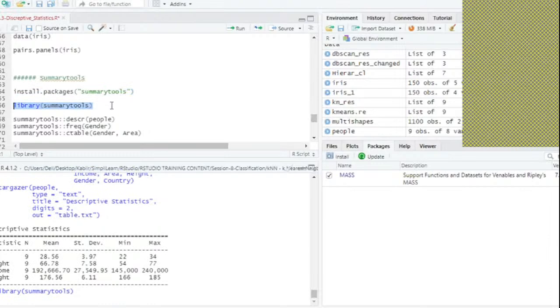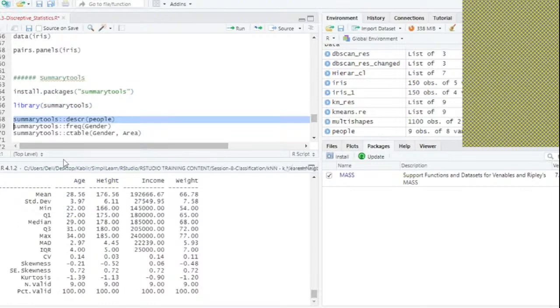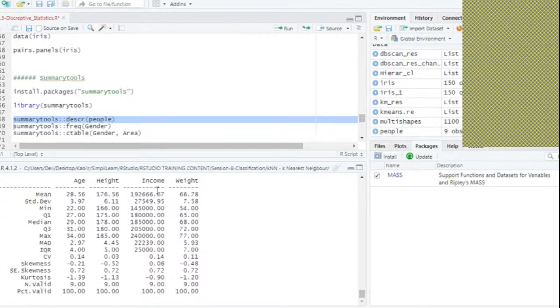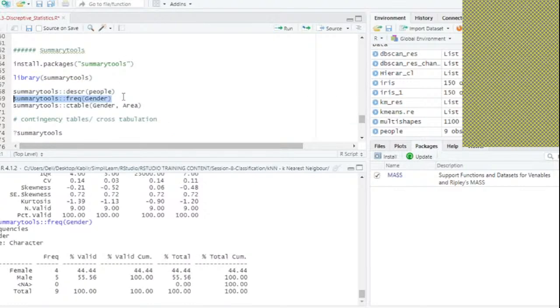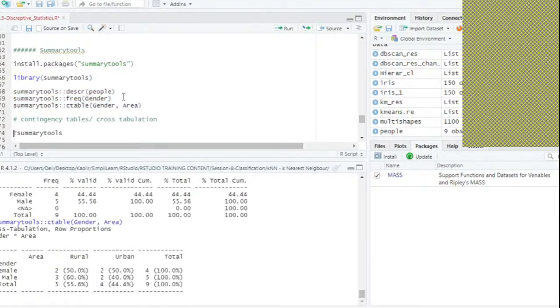If I run summary tools on people, the same data set that I've just created, look at the output you're getting. So summary tools and Stargazer are very interesting packages.